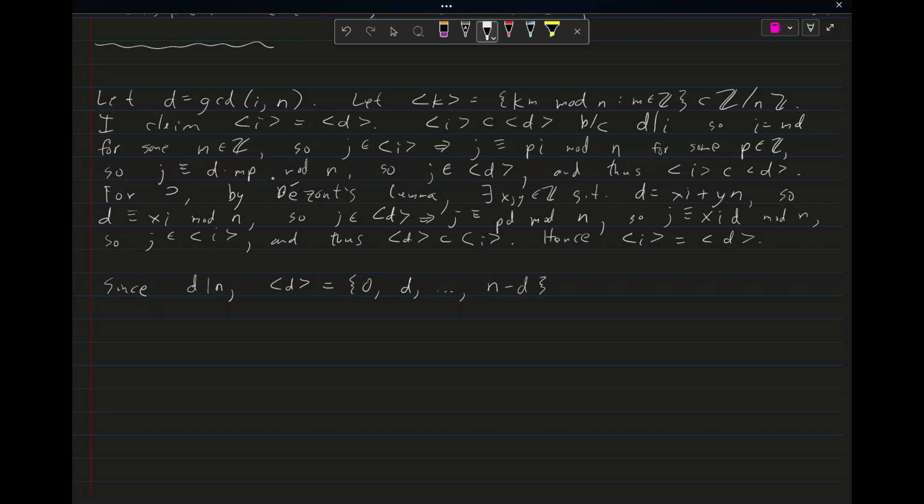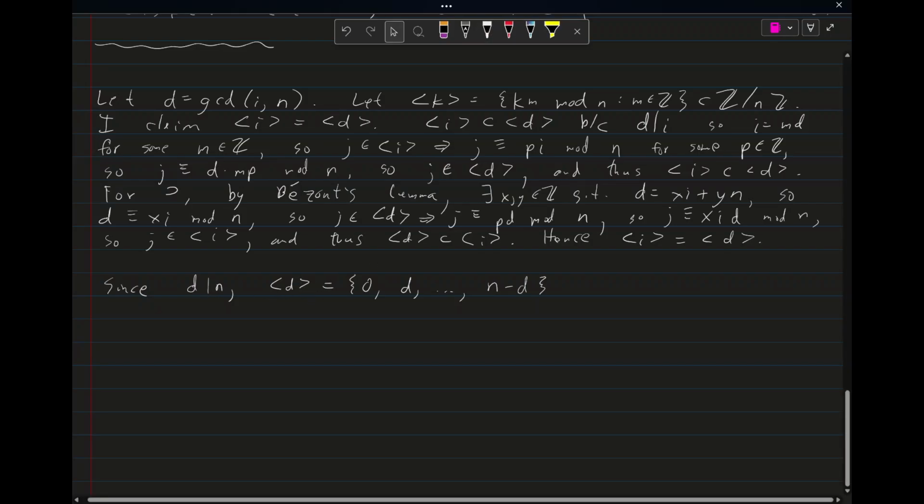Right, because the fact that D divides n means that there is some multiple of D that is equal to n. Once you get to that index, you wrap around to the beginning and start back at 0, so all the indices that you hit before then are distinct.